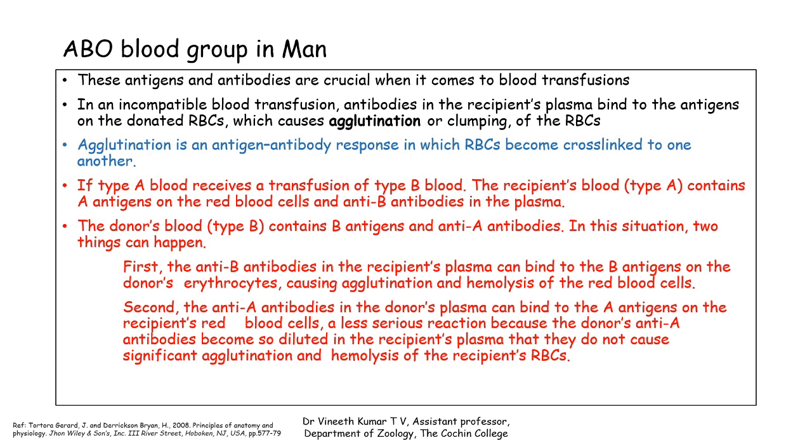The donor is a B blood group with A antibodies, and the recipient has A blood group, and his RBCs have A antigen, but the amount of blood transfused is very small compared to the amount of blood in the recipient's body. So the antibodies in the donor's blood become so diluted in the recipient plasma that they do not cause sufficient agglutination and hemolysis of the recipient RBC.